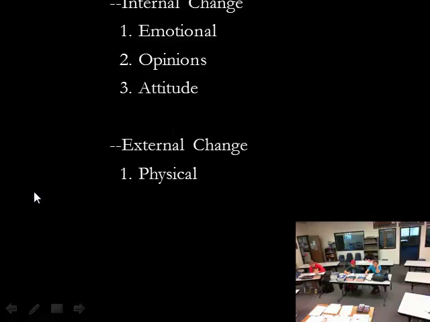External change is usually in response to some sort of external stimuli, some sort of external force. The kid got tired of being bullied, so he worked out all summer. And when he came back to school in the fall, nobody bothered him anymore. That's a common storyline.